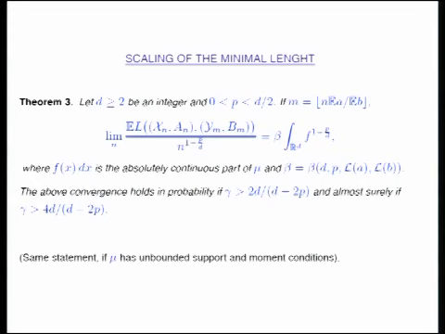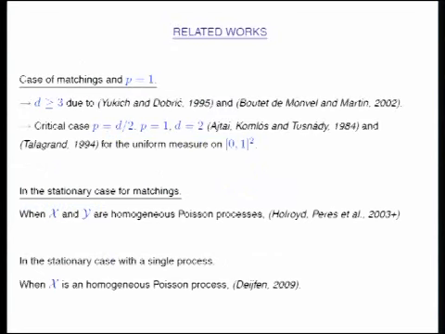Okay, but just to connect this with what has been done, so this is kind of an old-fashioned style of result. So 15 years ago, we discovered after that Ajtai, Komlós, Tusnády and Talagrand made the case for the matching. The critical case, so when P is equal to D over 2 for the matching, so I was saying it's D equal to 2 and P equal to 1.